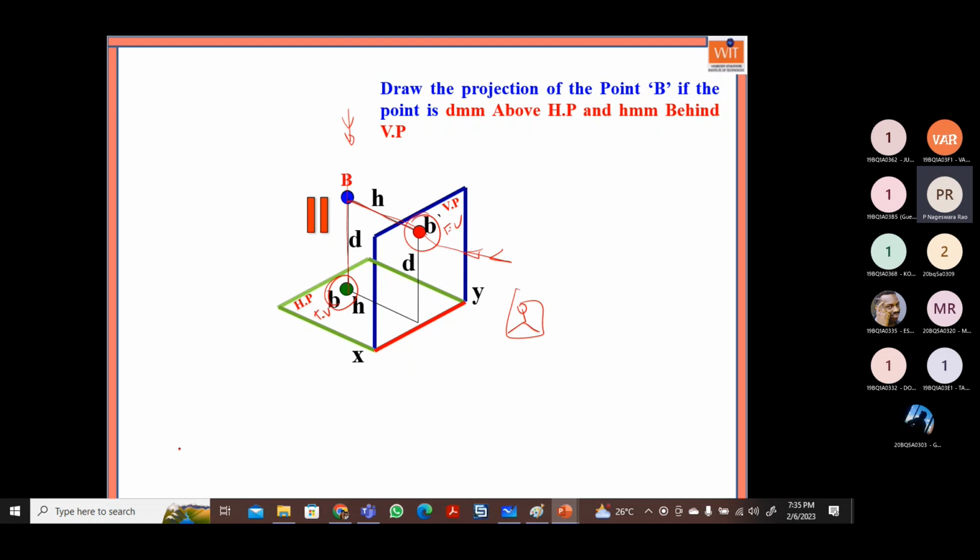Now what is the rule? They are mutually perpendicular to each other, this horizontal plane and vertical plane. So when you look in this direction, apply the same rule. There are no changes irrespective of the quadrant. The rule is the same: rotate the horizontal plane by 90 degrees in the clockwise direction.